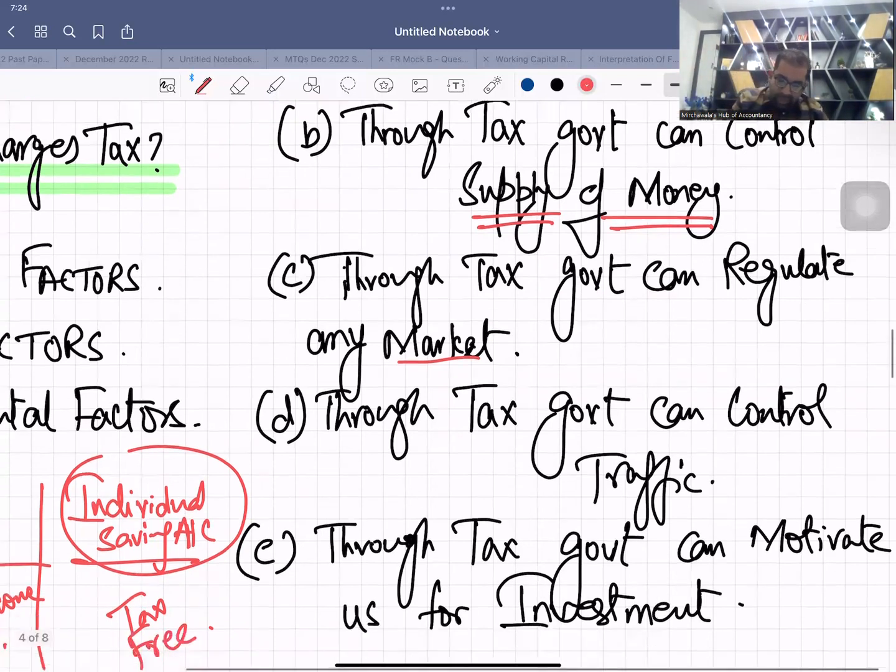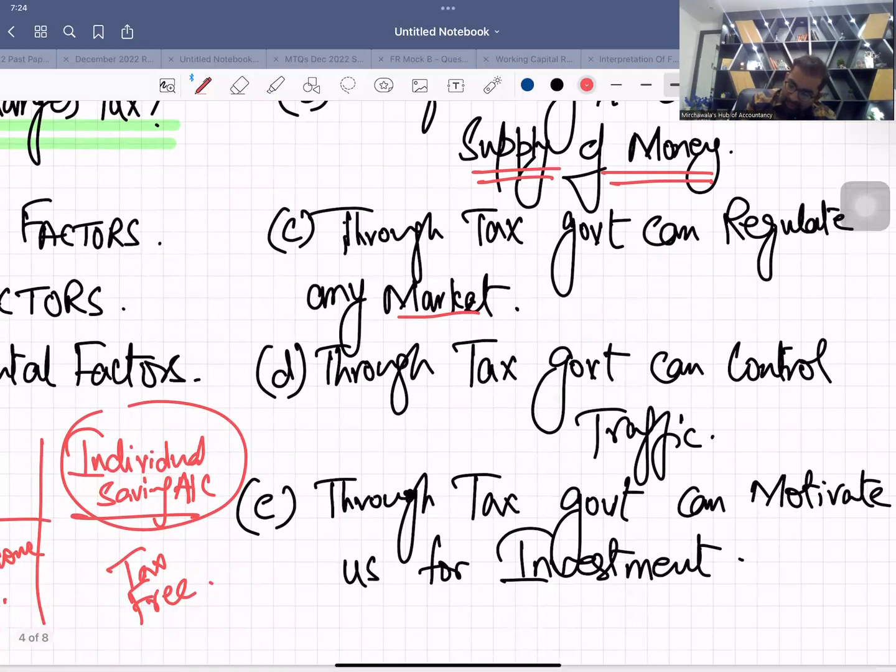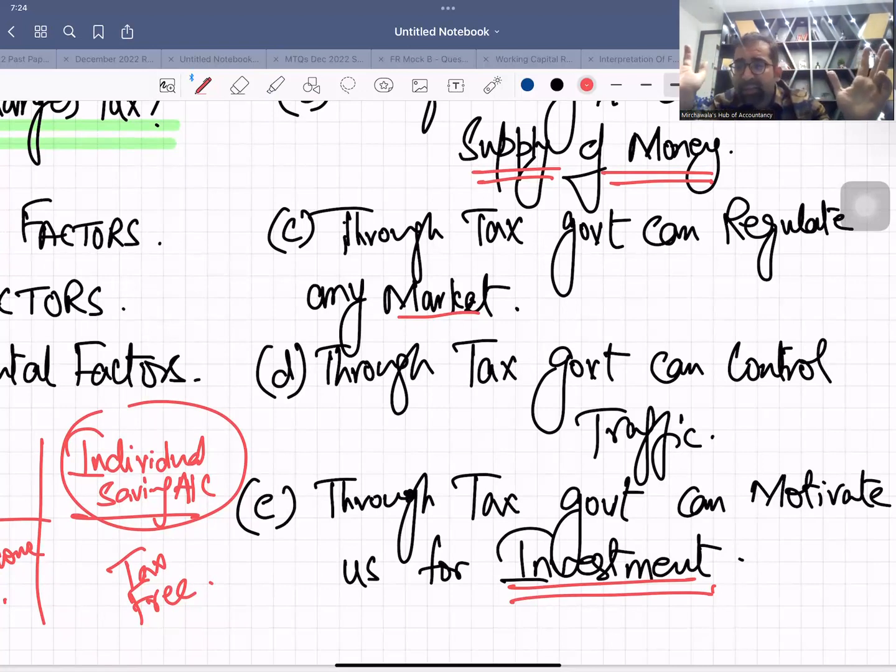Now, through tax, government can motivate us for investments. Yes, this is very normal. You sometimes attract foreign investors through tax. You invite them and tell them to come to our country and invest, and we'll give you a big tax cut. Even in our course, I'll teach you this: sometimes you sell your existing business asset, and if you take that amount to your home and enjoy with your family, government won't give you any relief.